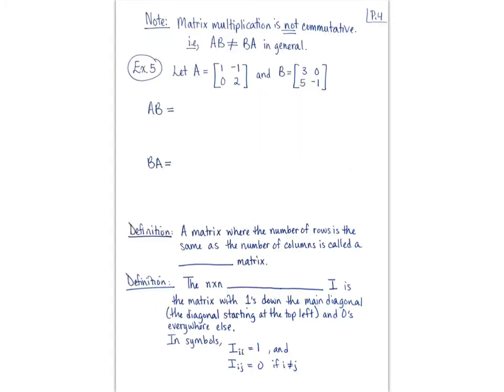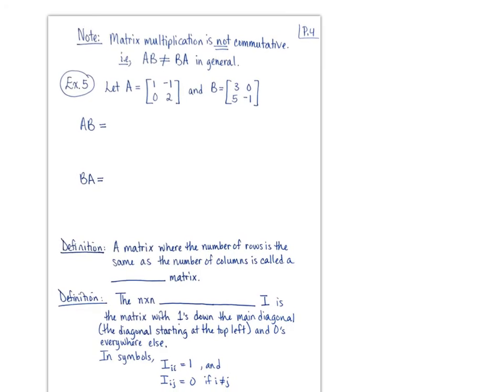Now, something to note is that in general, matrix multiplication is not commutative. So that means A times B in general is not equal to B times A. Suppose we have the 2 by 2 matrix A whose entries are 1, negative 1, 0, 2, and suppose we have the 2 by 2 matrix B whose entries are 3, 0, 5, negative 1.